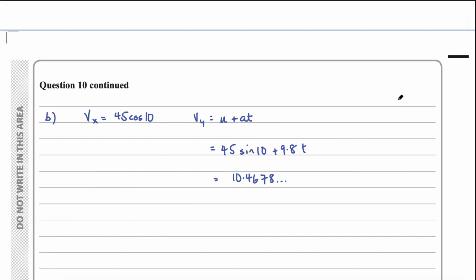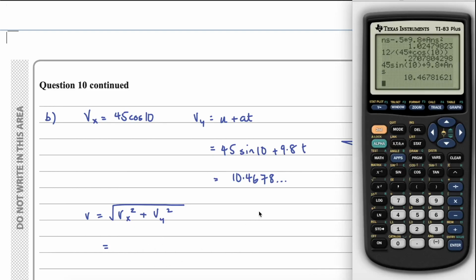And this one's going to be fine. So to work out the velocity, we need to use Pythagoras' theorem because we have the velocity in this direction, and we have the velocity acting downwards. We need to find the hypotenuse of that right angle triangle. So to work that out, we would have the square root of vx squared plus vy squared. So let's go ahead and put that into a calculator all in one go.